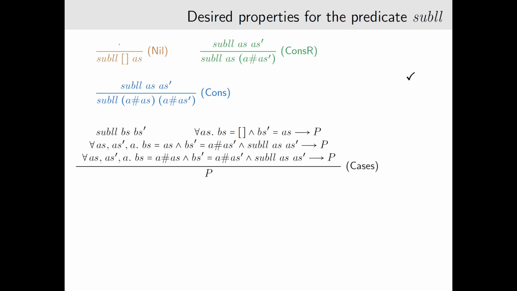How about the case distinction rule? I went more quickly through the case distinction rule for this list example, but we did it for the even example, right? So if BS is a sublist of BS prime, in order to prove P, we can assume that one of the three rules has been applied, right? So that's essentially what the case rule says.